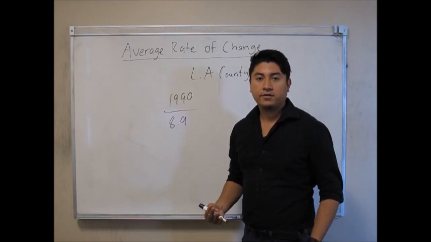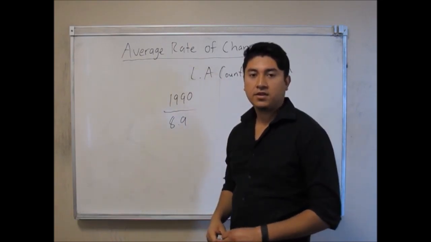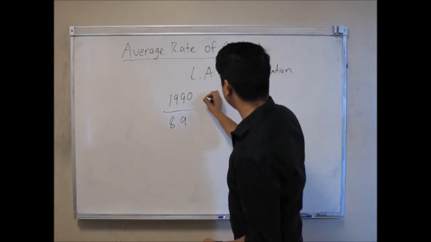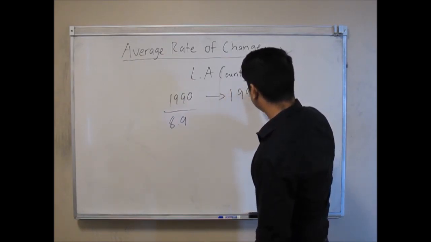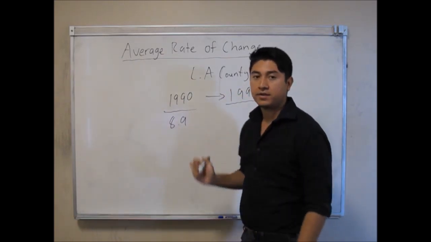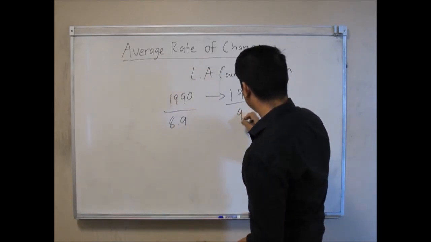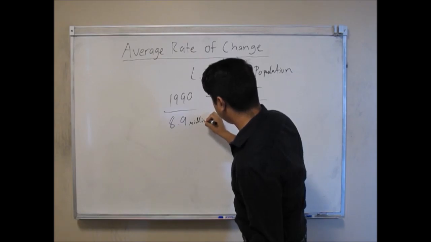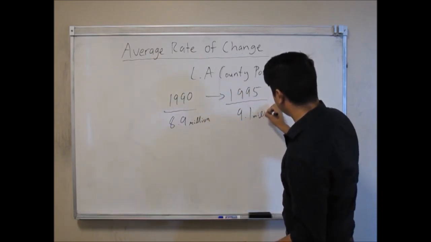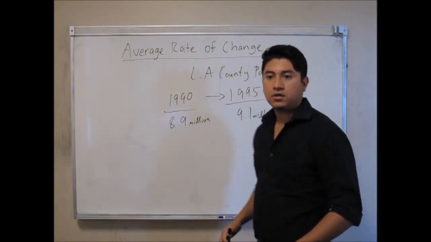5 years later, so that's from 1990 to 1995, the population in LA went from 8.9 to 9.1 million. So I'm going to go ahead and write the million because it could get a bit confusing. Okay, great.